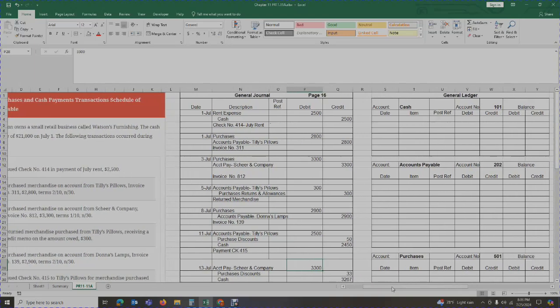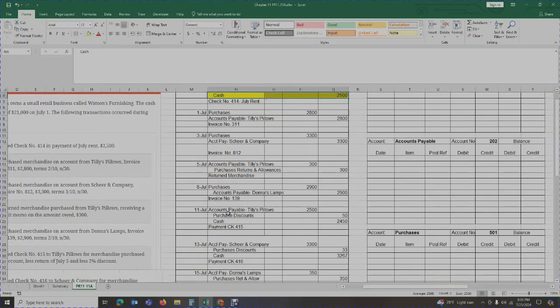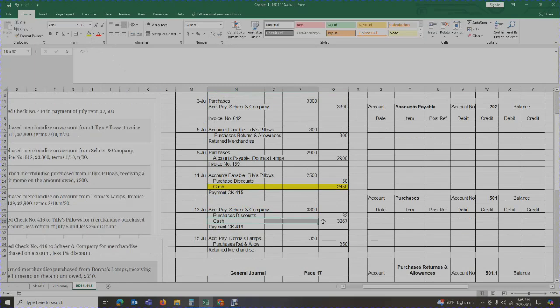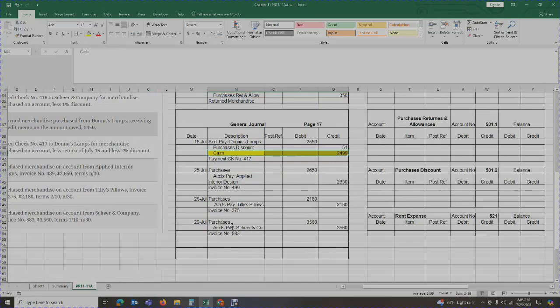So let's start off with cash. I highlight everything that affects cash. So I'm going to go through my journal and I am going to highlight everything that has the cash account. Okay, so I've got 3 transactions so far, and then I've got 4 transactions, and that is it. 4 transactions.